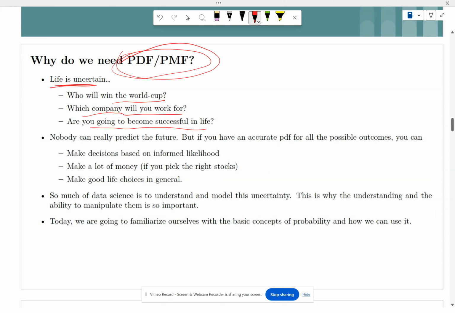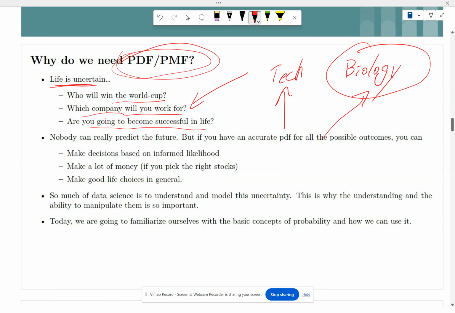If in high school somebody tells you the probability you're going to work in a biology company is 99%, you probably would major in biology instead of some tech.